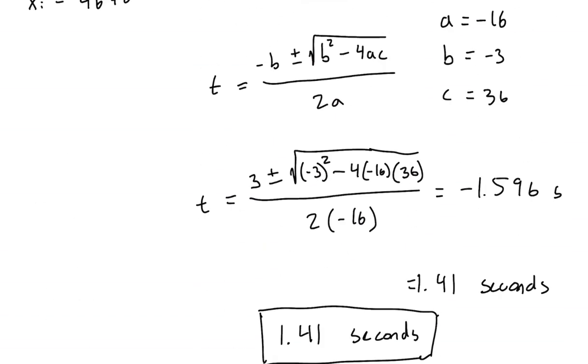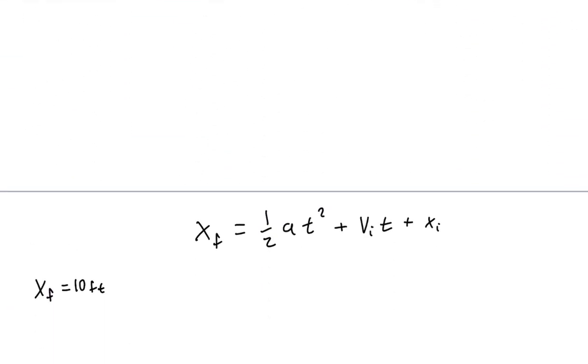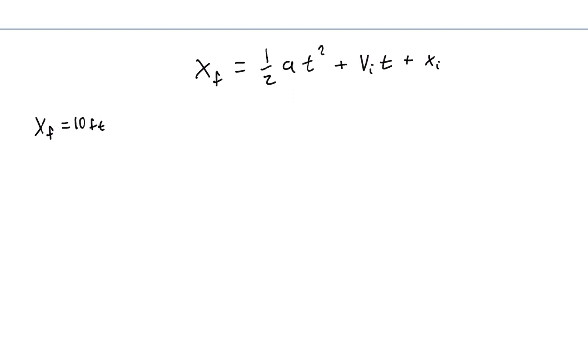X final equals 1/2 a t squared plus v initial t plus x initial. Okay, so x final is going to be 10, right? It's going to be 10. So we're going to be figuring out how much further above the ground it is than this 10. So x final is 10. Our a is going to still be negative 32 feet per second squared.